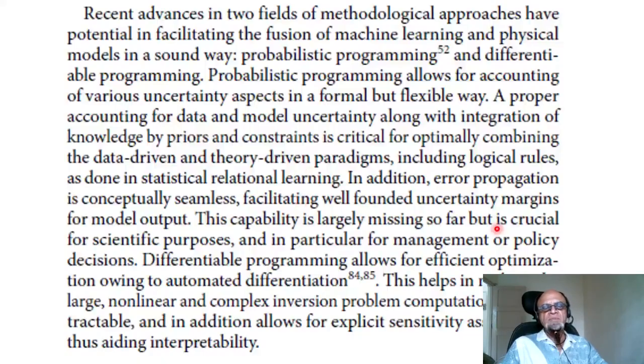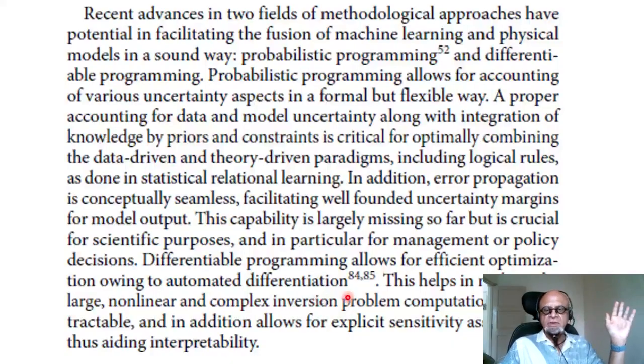In addition, error propagation is conceptually seamless, facilitating well-founded uncertainty margins for model output. This capability is largely missing so far, but is crucial for scientific purposes and in particular for management or policy decisions. Differentiable programming allows for efficient optimization owing to automated differentiation.